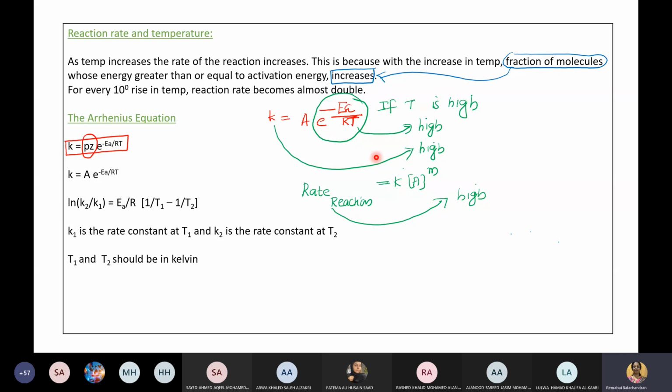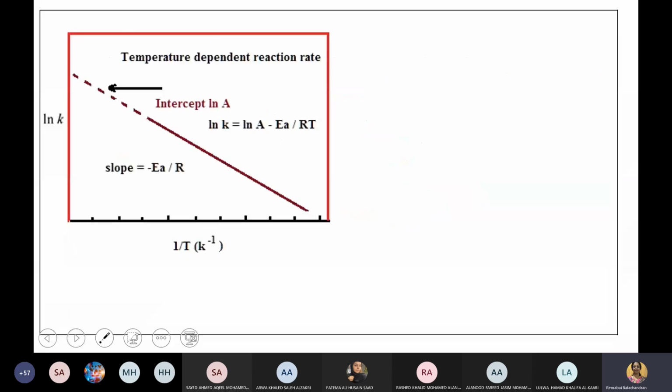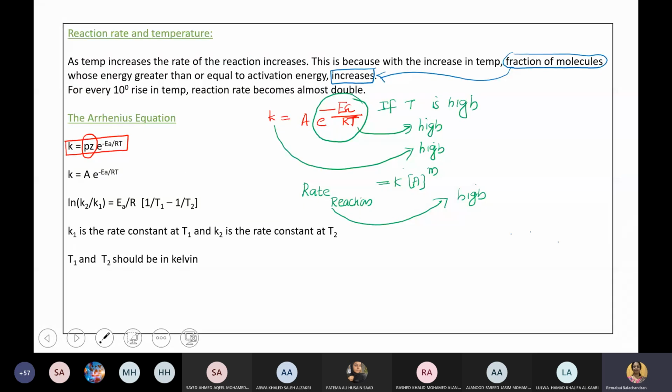K depends on temperature. So just imagine at a temperature T1, rate constant is K1. At a temperature T2, rate constant is K2. So you can derive a relationship: ln K2 over K1 is equal to EA over R times (1 over T1 minus 1 over T2). I will come back to this relationship.